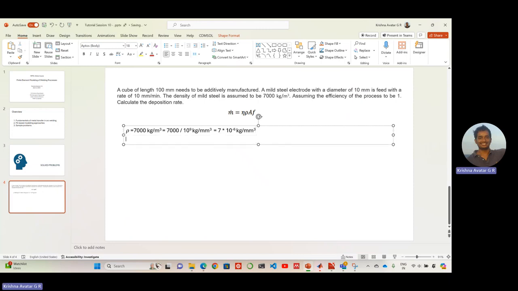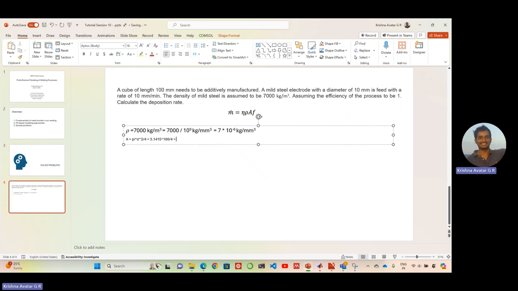Now we come to A. So A will be how much? A will be pi into d squared by 4. So this will be 3.1415 into 100, because d squared is 100, divided by 4.